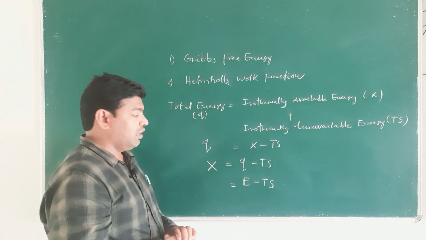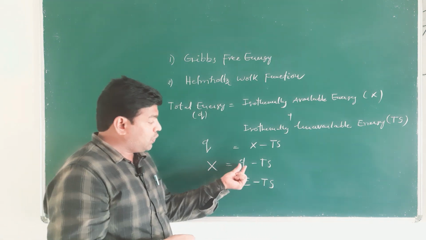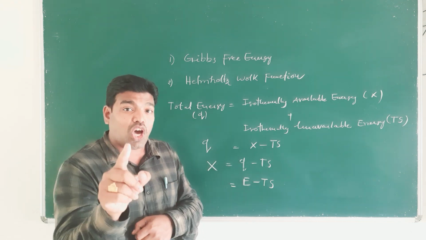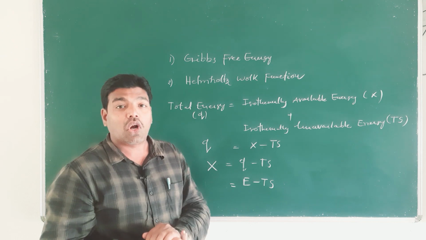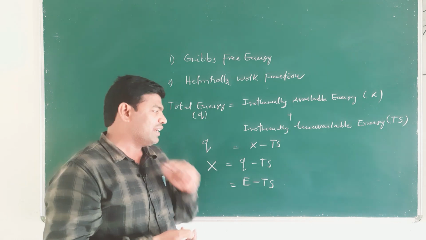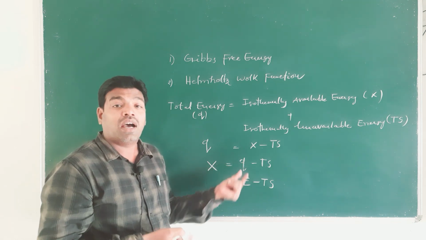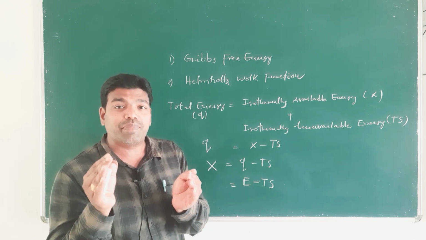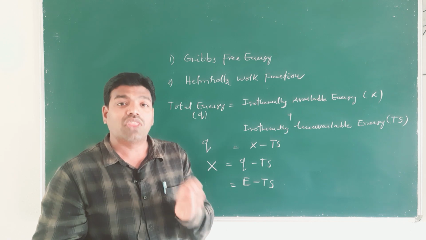If the heat that we are supplying to the system is absorbed at constant pressure, then Q is replaced with H, because heat absorbed at constant pressure is nothing but enthalpy.